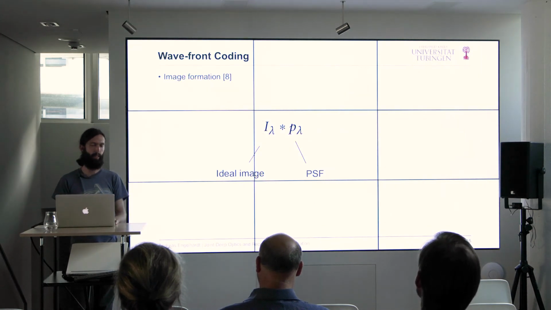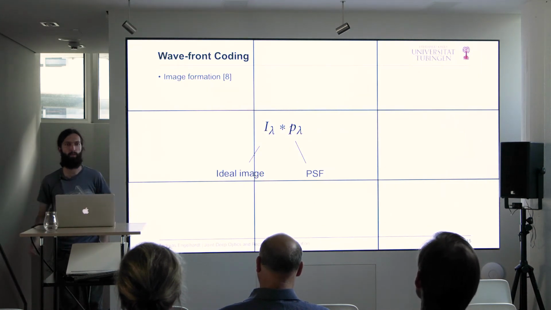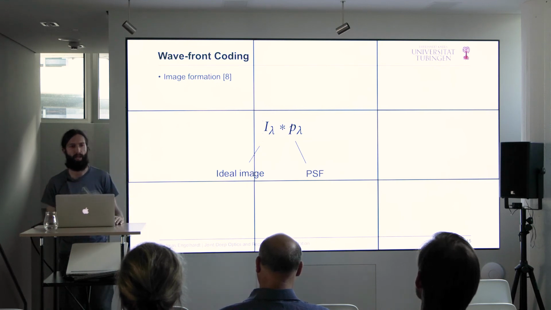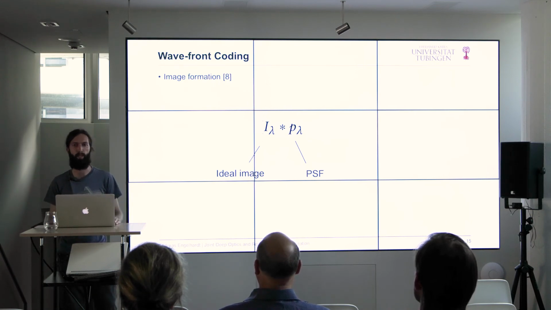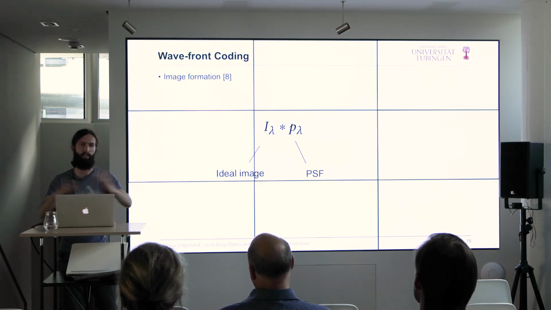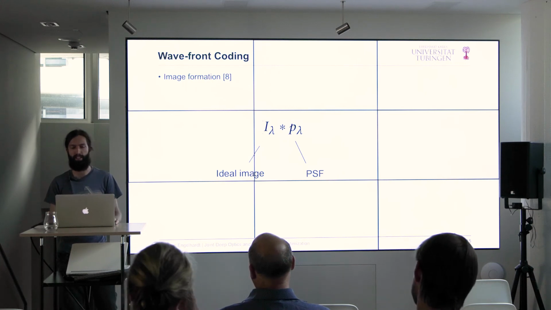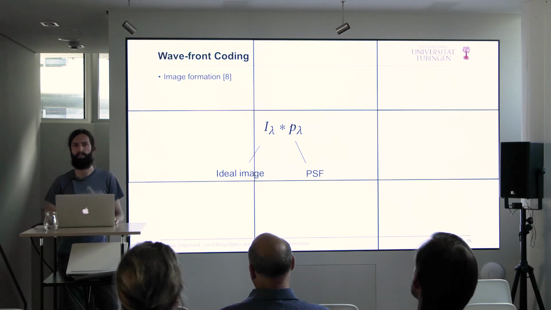Convolution would be the really simplified way of describing this kind of image formation. If we know the PSF, the point spread function, also referred to as the fingerprint of our optical system, then we can take our ideal image, or latent image, the one we actually want to have, and convolve it with our PSF to get the actual image forming on the sensor.